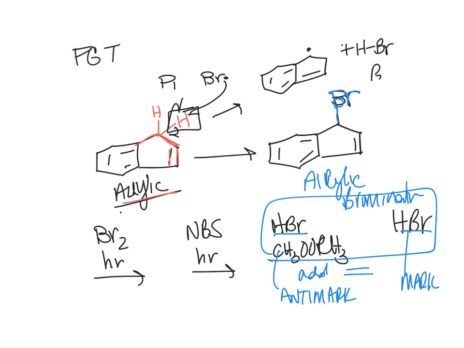And then propagation step 2, you're going to take this same radical, and I think I redrew this wrong here, sorry. And then you're going to react that with another bromine, not a bromine radical, but bromine, to give you your product.